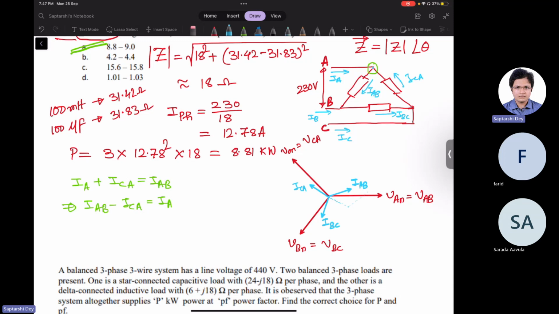Wait, am I making some mistake here? It should come on the other side.